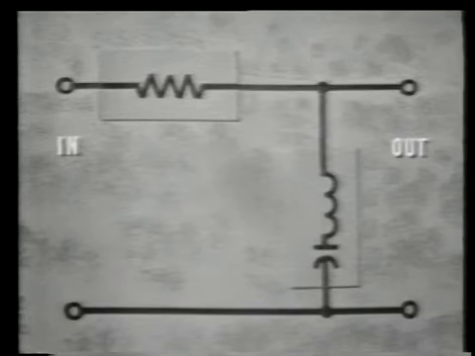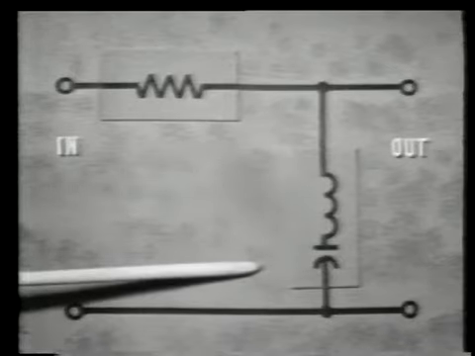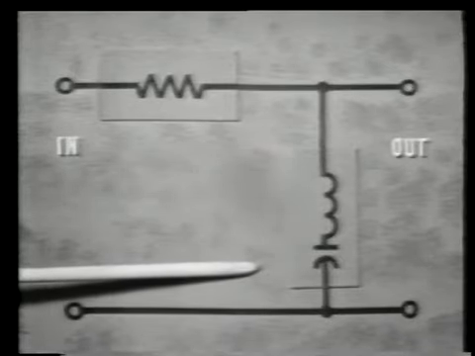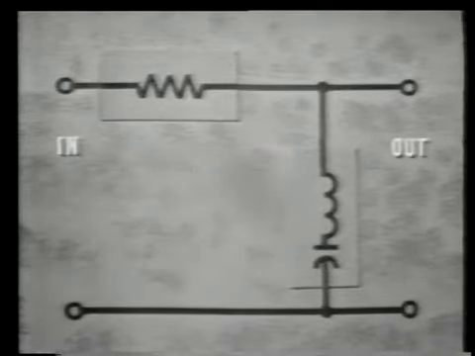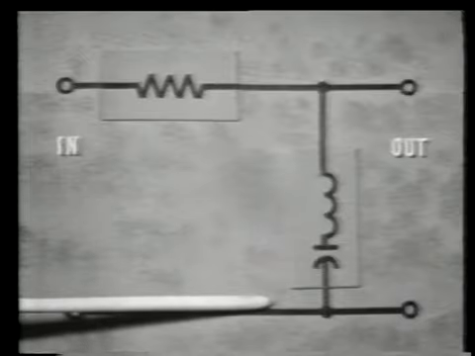Now, the series component, the resistor, has no effect on the input frequency because it's not a frequency-sensitive component. However, the shunt component, the LC tank, is frequency-sensitive. Remember, at the resonant frequency, the tank circuit's opposition is minimum.